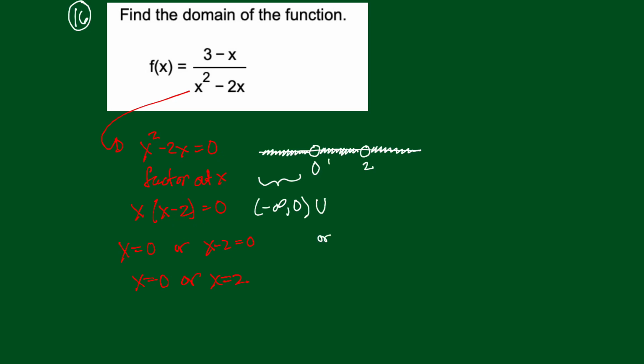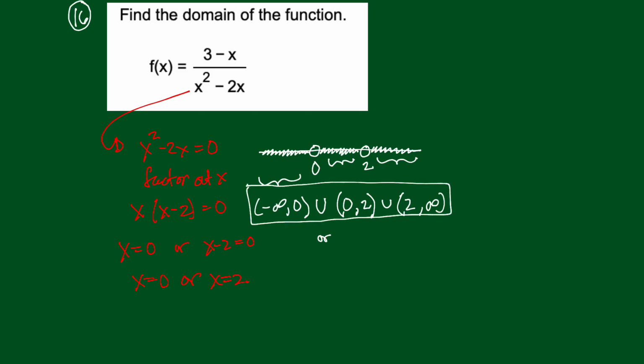In here, we're going strictly between 0 and 2, open parentheses, because that means don't include those numbers, or in here. And where are we here? We're going just after 2 all the way to infinity. So there's the domain of that function.